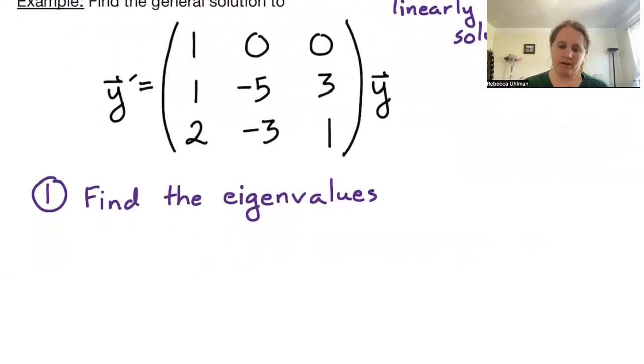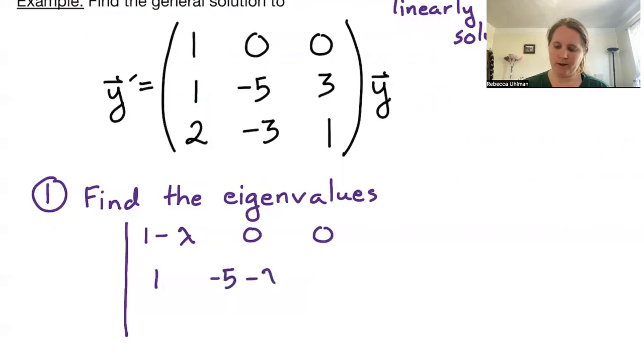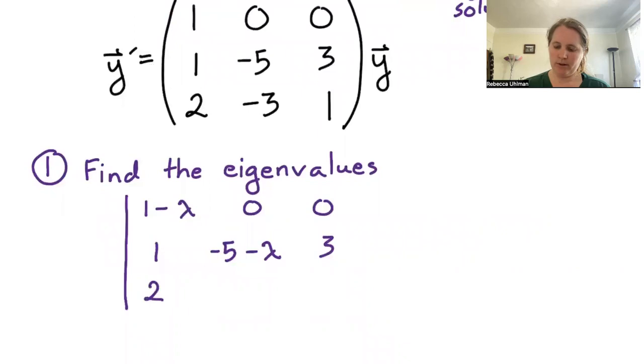So we are looking at the determinant of 1 minus lambda 0 0, 1, -5 minus lambda 3, and 2 -3 and 1 minus lambda. All of this determinant should be equal to 0.